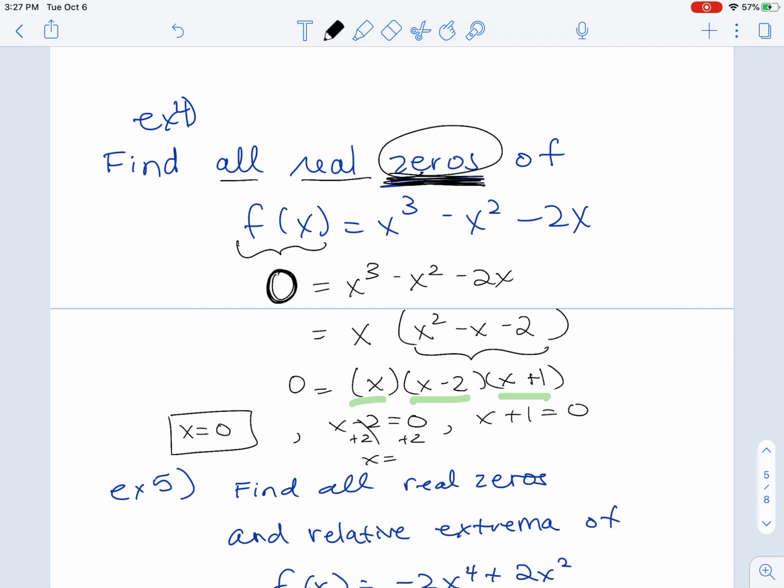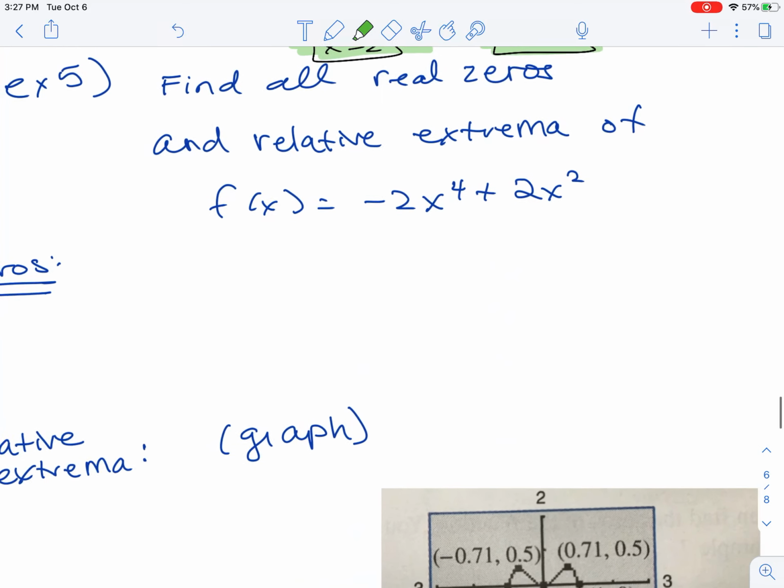We'll solve this one where we get x equals 2, and this one so we get x equals negative 1. So those are all of our real zeros for x cubed minus x squared minus 2x. And remember how we talked about if this is our biggest degree, then we have at maximum 3 zeros, which we just saw: there's 1, 2, 3 zeros here.